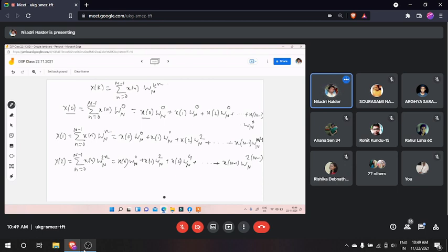Can you tell me? What will be the values of those coefficients for k equal to 3?